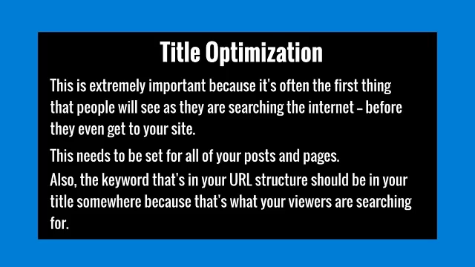Now, sometimes people will put the keyword straight up in the beginning and they'll put the keyword, dash, whatever. But what I recommend is to put the keyword in the title, but make sure that it sounds right. It's got to be human friendly first, and then secondary, search engine friendly.